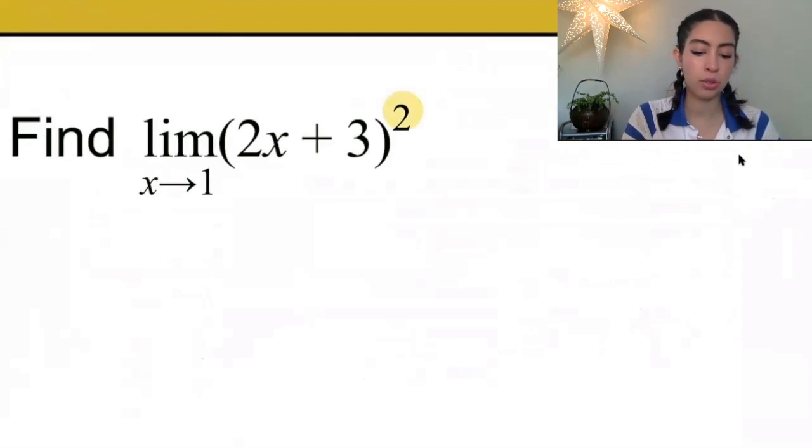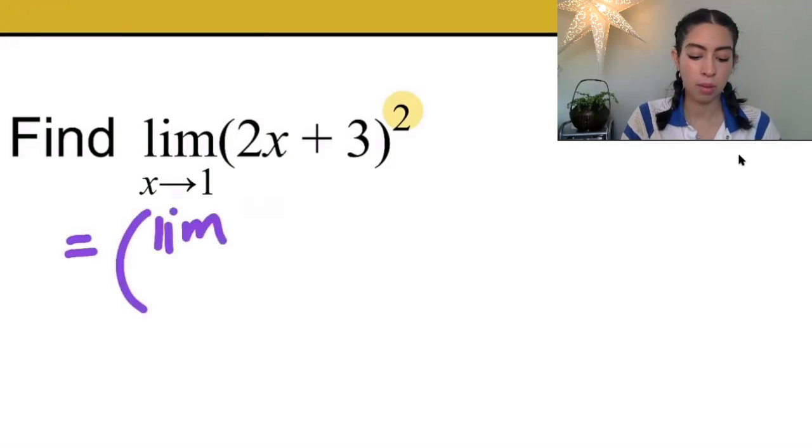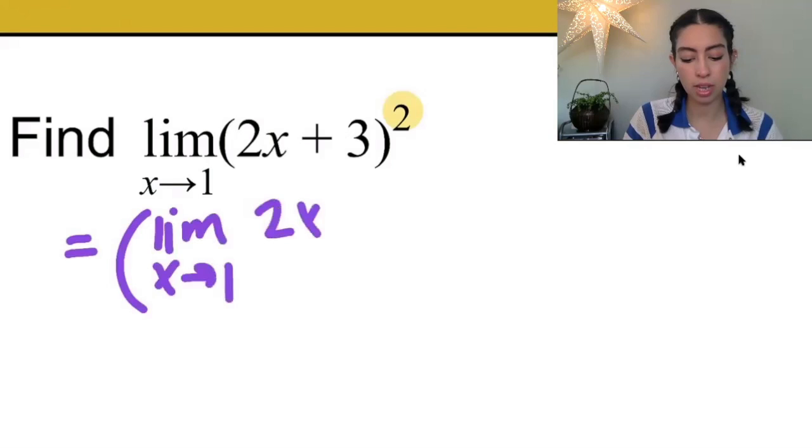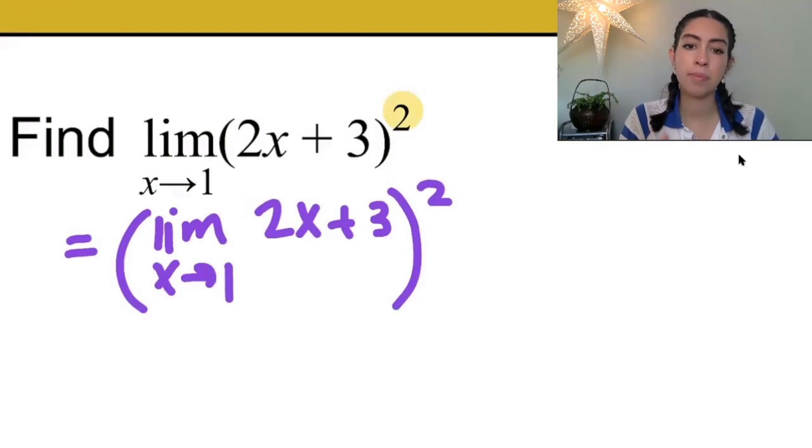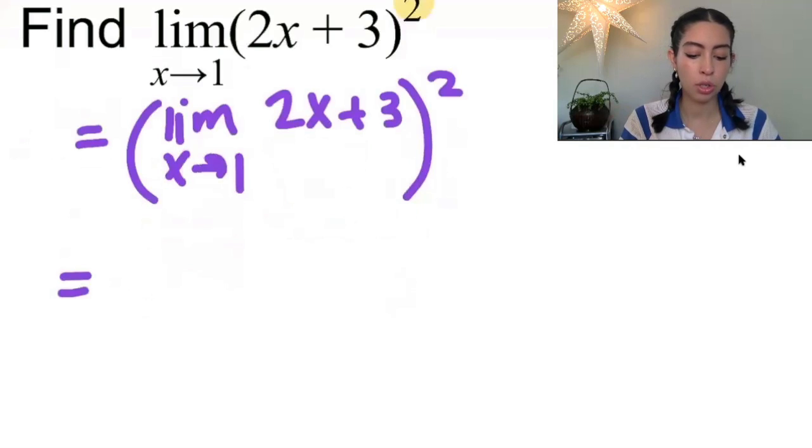So what we can do is take that square and put it on the outside. Basically we're making the limit as simplified as we can. And then the next thing I notice is that we have the addition of two different functions there, 2x and 3. So I'm going to break that down into two different limits.